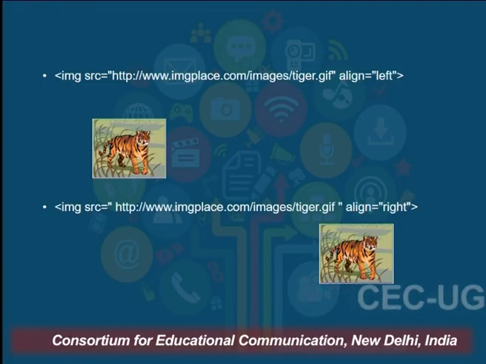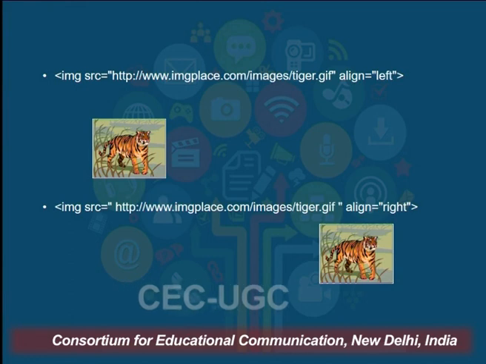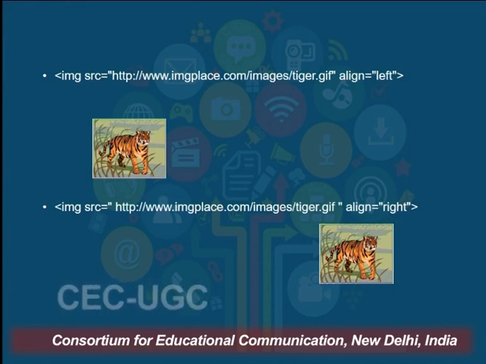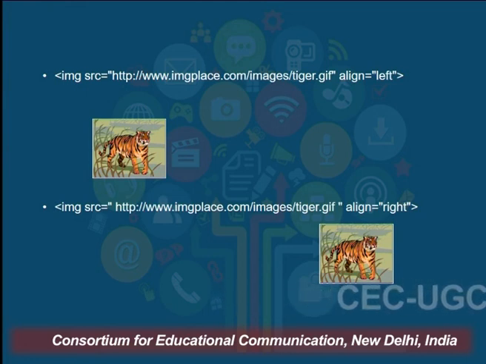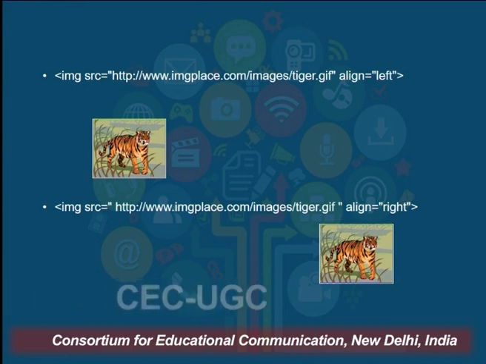Then you can also align the image to the left or to the right of the page. That is actually horizontal alignment of the image on the page. That can be done using align is equal to left or align is equal to right. Now align is equal to left is the default, that is if you do not give any alignment, then the image will automatically come to the left side of the page.